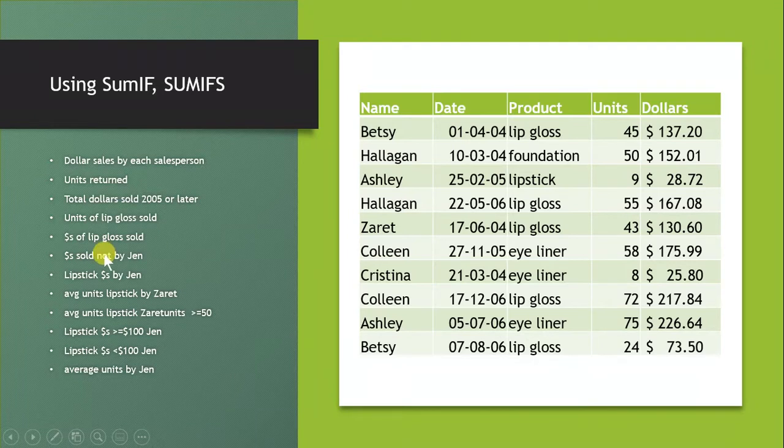Dollars of lip gloss sold. Dollars sold not by Jen. This time we want to calculate everyone's dollars but excluding Jen. Fine. Lipstick sold dollars by Jen. Average units of lipstick by Jared. So now we need salesperson also and we need lipstick also. So now there are multiple criteria. We have to apply two criteria and we'll use the SUMIFS formula.